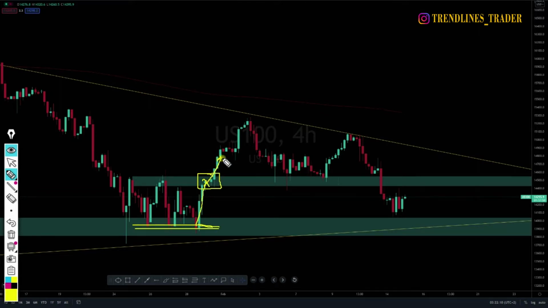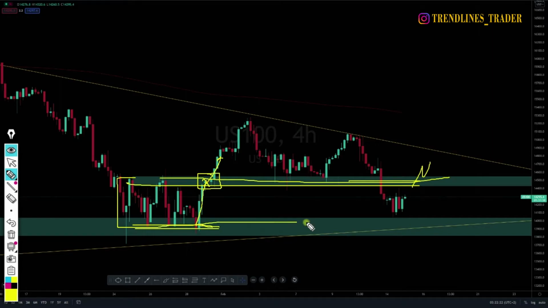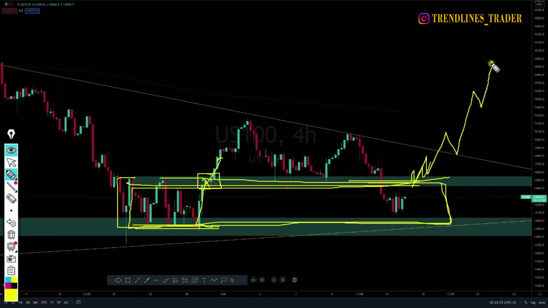We can call this our demand area, which means the price will give us this type of structure. This is our demand area. So now the price has to break out of it and create this type of moves towards the moon.